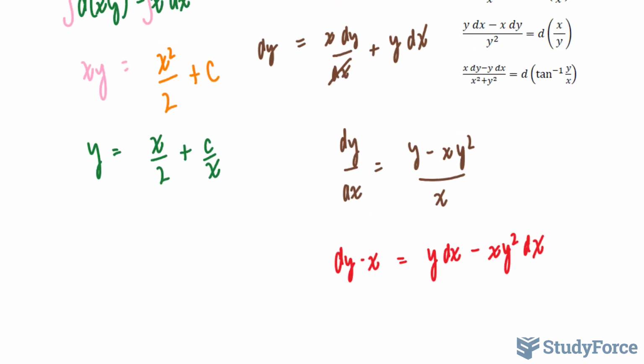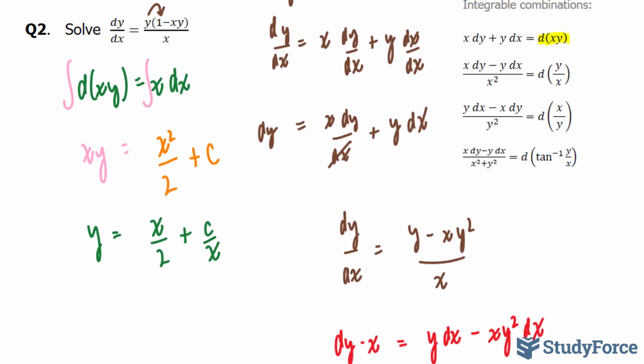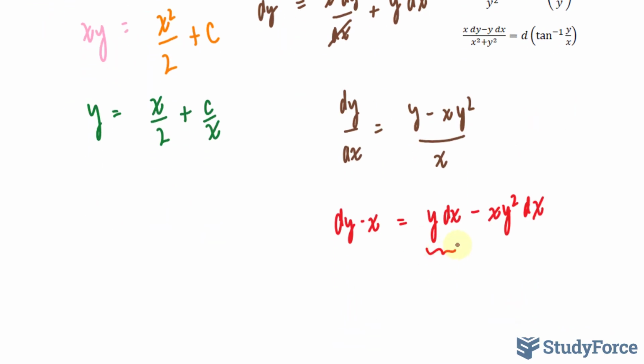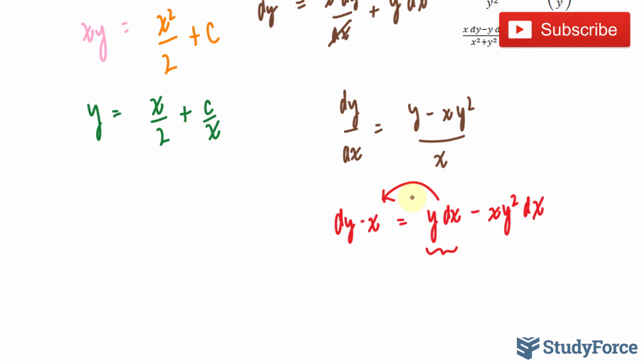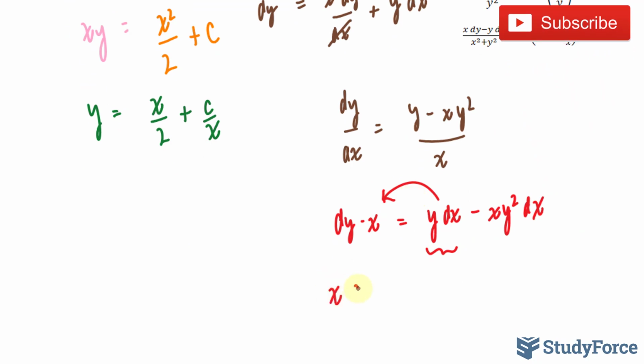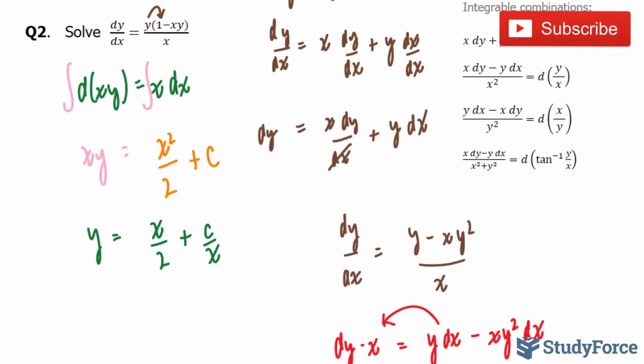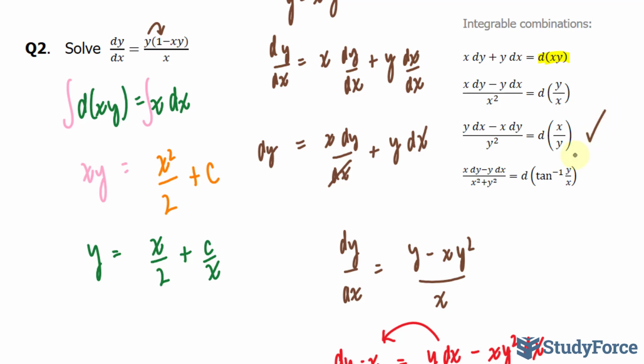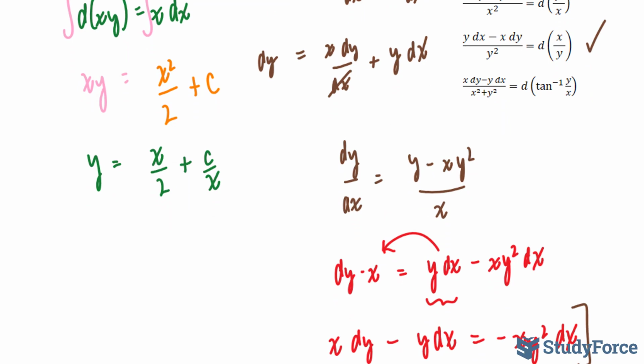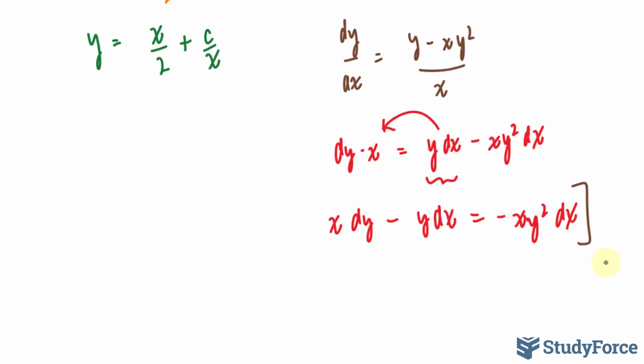Let's see if this is starting to look like one of our combinations. Nothing so far, although if I move this term over to the left side, I'll end up with the following equation, which looks very similar to this particular combination, where we have y dx minus x dy over y squared. The only difference, though, is that we don't have a y squared at the bottom.